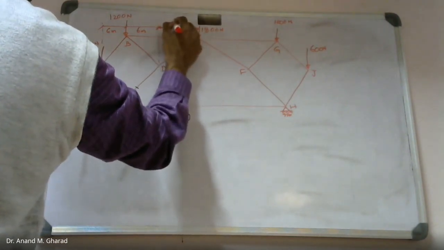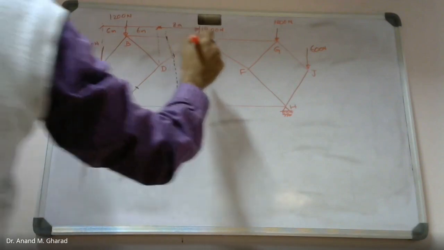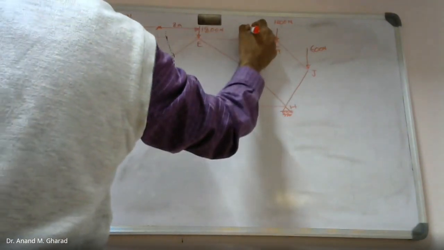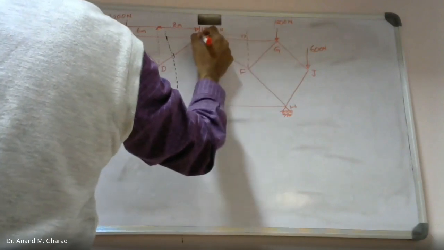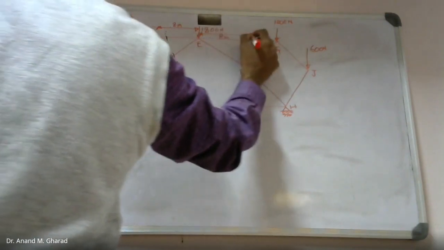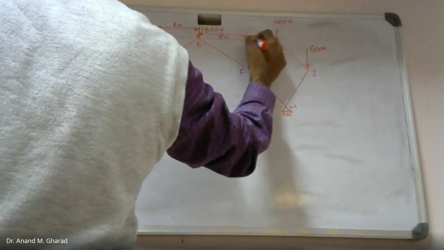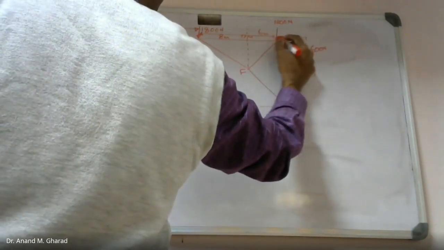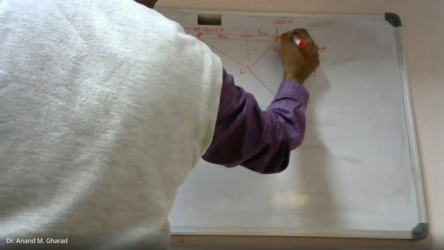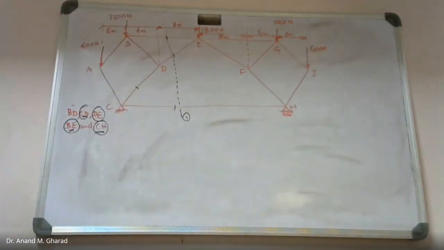This is 8 meter. This is again 8 meter. It is from here to here. This is 8 meter. This is 6 meter. And remaining from here to here, this is again 6 meter.